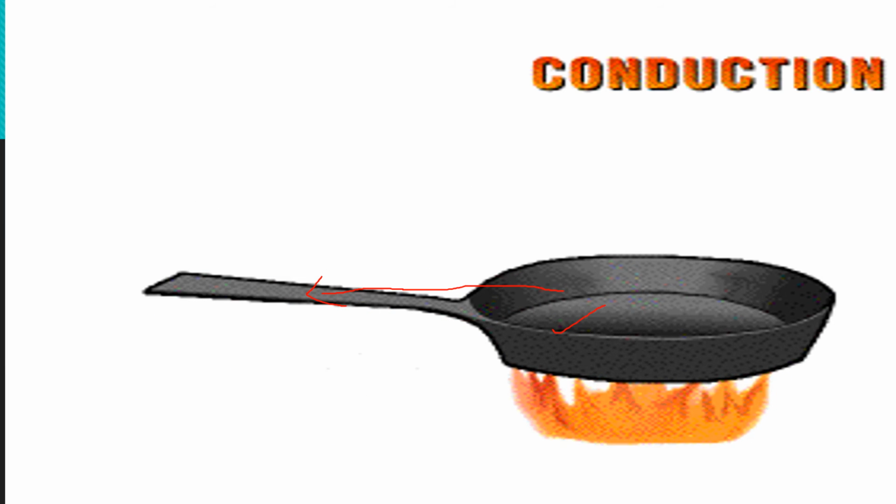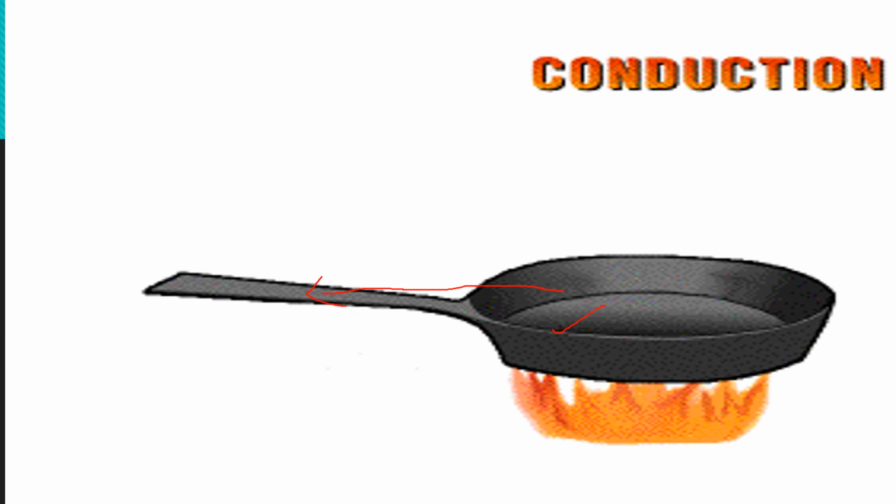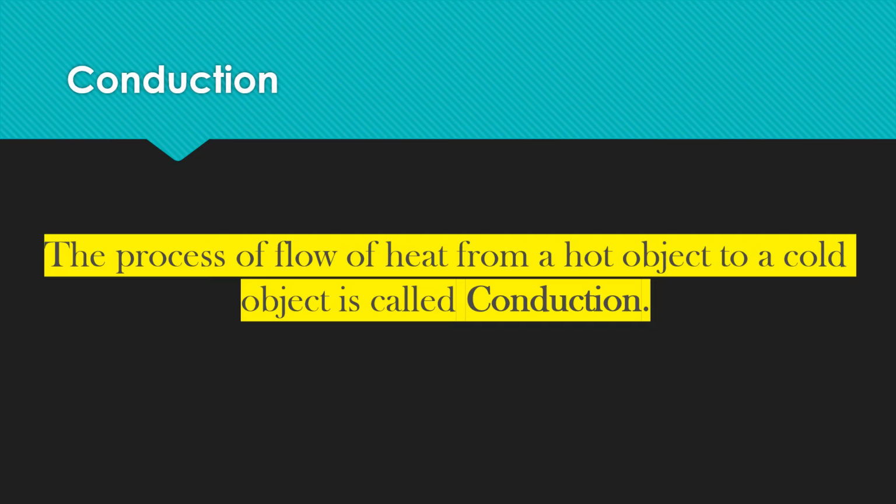So heat is getting transferred from this hotter portion to this colder portion of the frying pan. So that process can be called conduction. So the process of flow of heat from a hot object to a cold object, especially in solids, we can term as conduction.